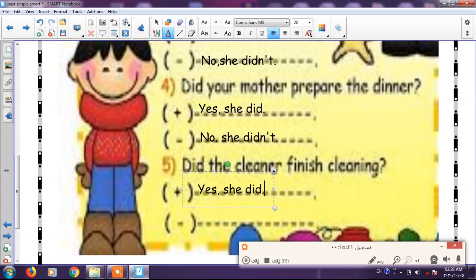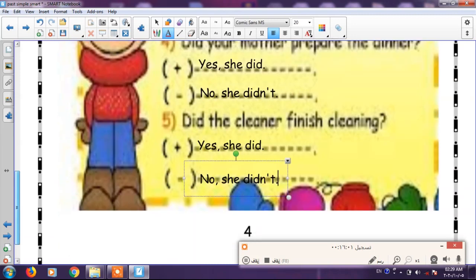Or if it is in the negative form, I will write no, she didn't. Okay. I think it's very easy till now.